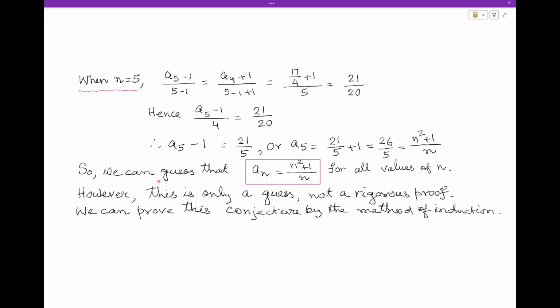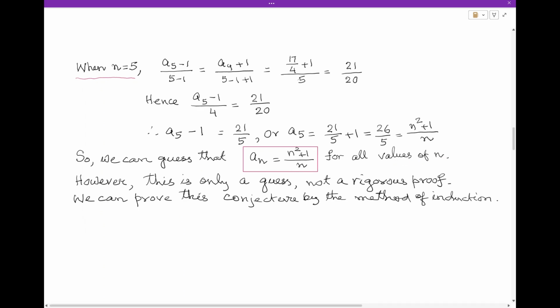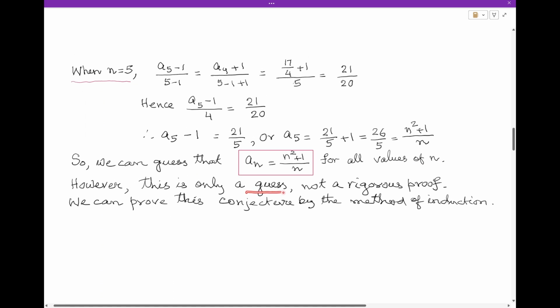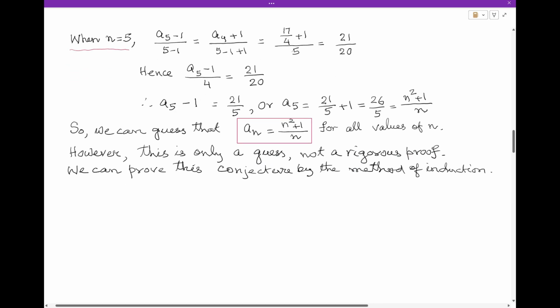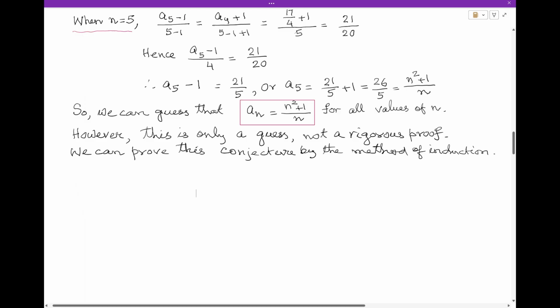So we can guess that an is equal to (n squared plus 1) divided by n for all values of n. However, this is only a guess, not a rigorous proof. We can prove this by the method of induction. Till now it is a conjecture.